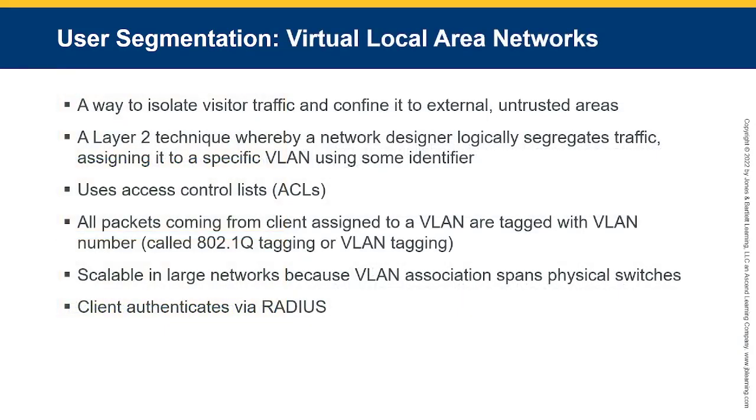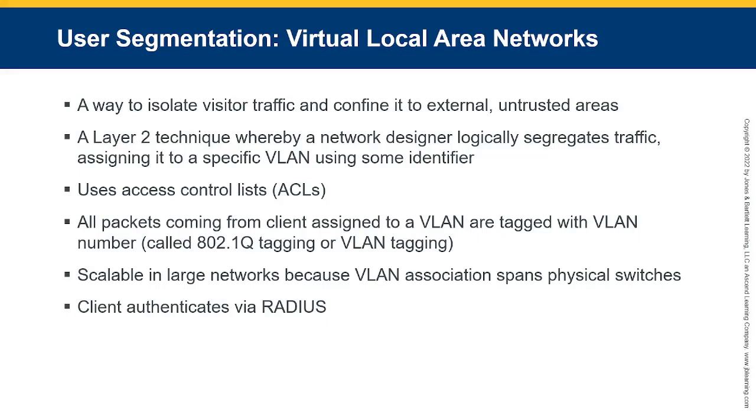If you're using VLANs, it's a way to isolate visitor traffic and confine it to external untrusted areas. It is a layer 2 technique whereby a network logically segregates traffic assigned to a specific VLAN using some identifier.